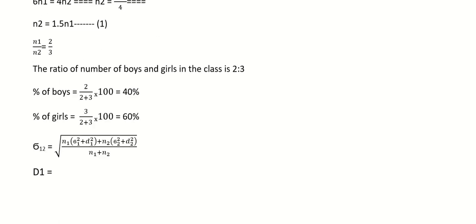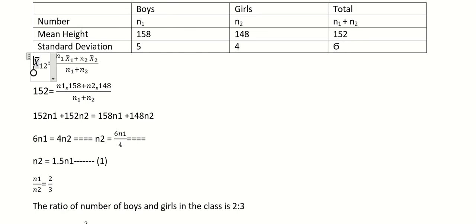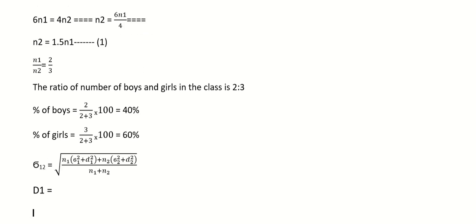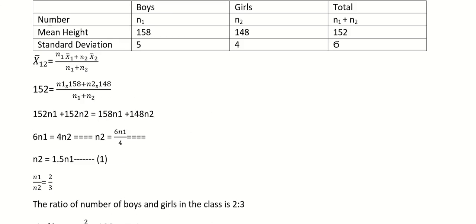So we'll see how we calculate deviation first. To calculate d1, we need combined mean and the individual mean. So the formula is mean 1 minus the combined mean equals to. So what is mean 1? Mean 1 was given to us in the question, 158, and combined mean is also given to us, that is 152.